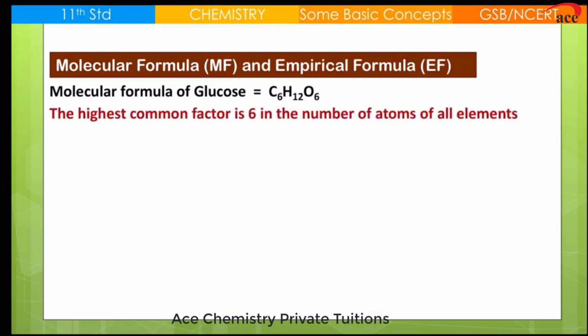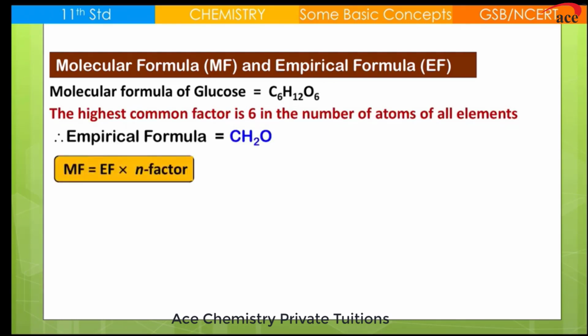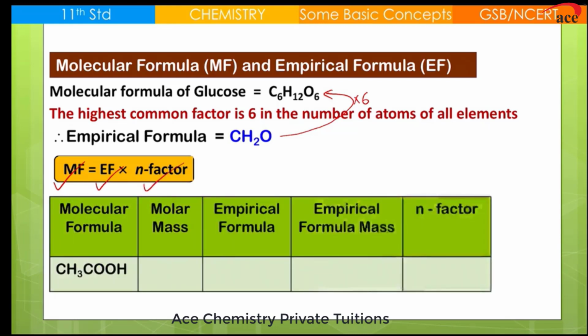Coming to the discussion, molecular formula of glucose is C6H12O6. Highest common factor is 6. If you simplify, CH2O is the empirical formula, and if you multiply it by 6 times, you will get the molecular formula. So molecular formula is empirical formula multiplied by n factor.